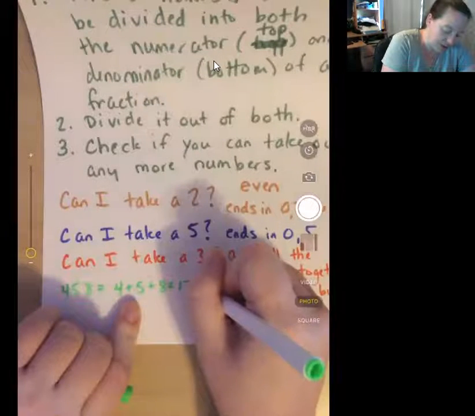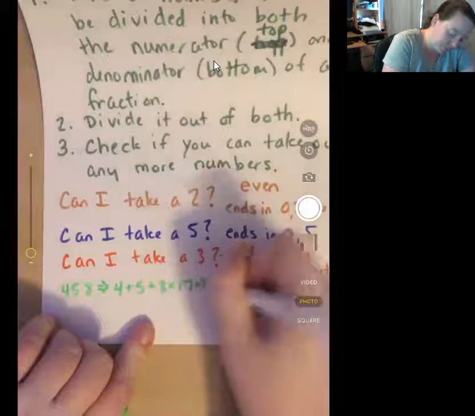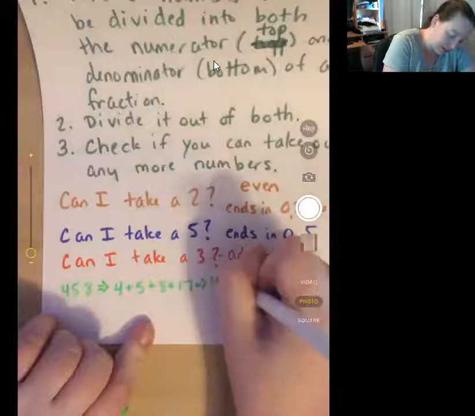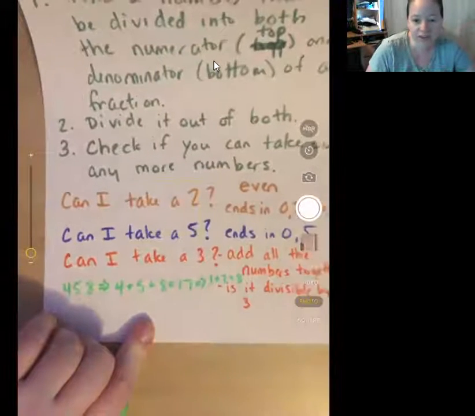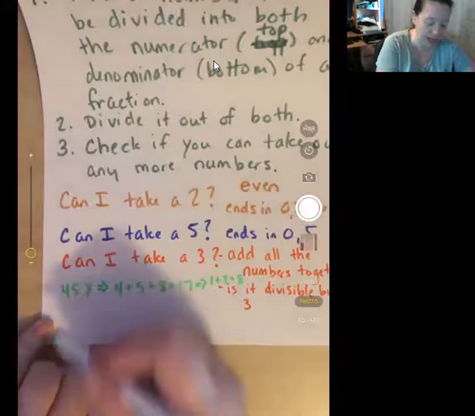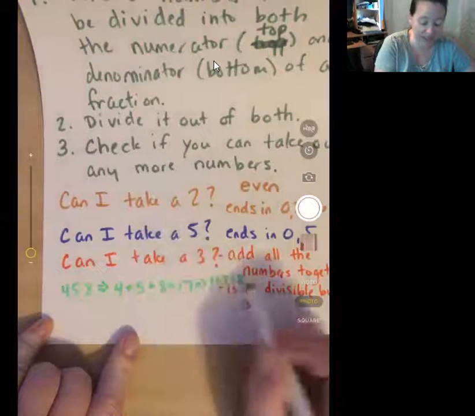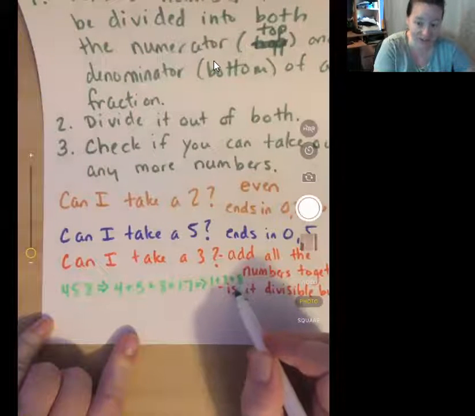And then I go 1 plus 7 is 8. Can I take 3 out of 8? No, I cannot. So I cannot take 3 out of 458, since I cannot take 3 out of 8.